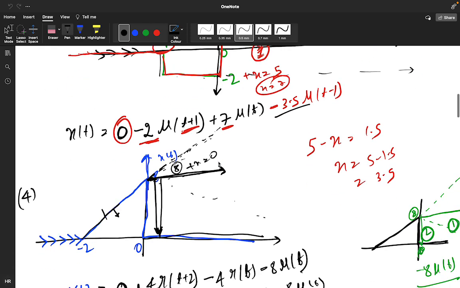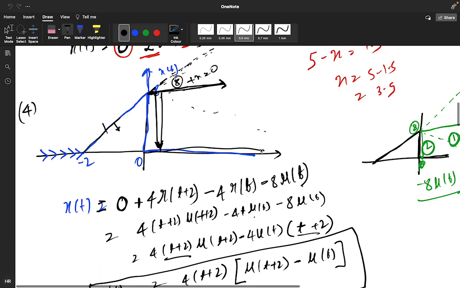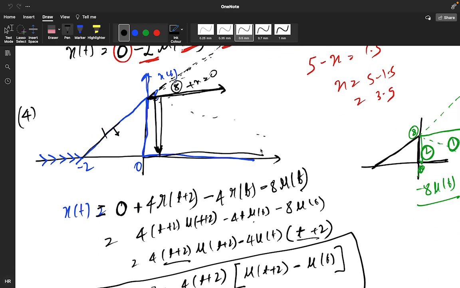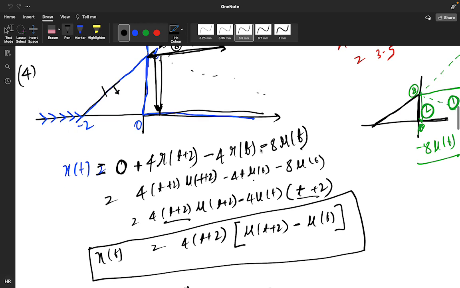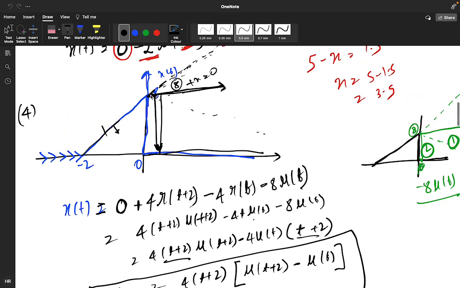In this way all the equations have been solved here. Here two operations are happening in this blue graph. First it makes the step function, then the step function gets nullified.